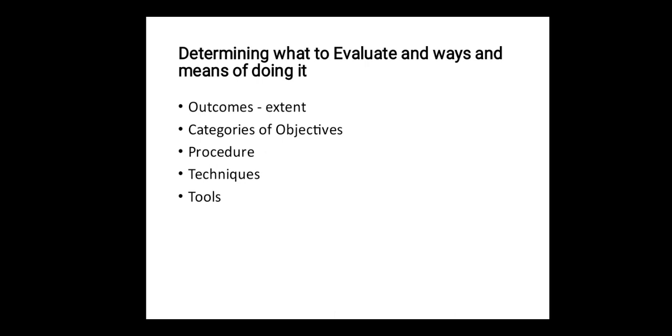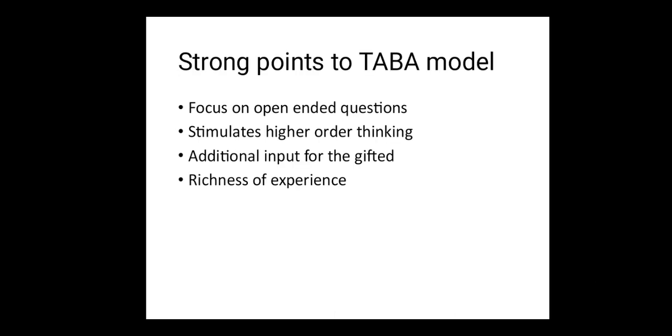So as the last step of curriculum, the developer should identify what objectives, what things should be evaluated, using what tools and what techniques, by following which procedure. So these are the seven steps of the model proposed by Taba.